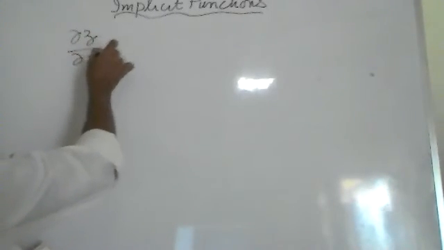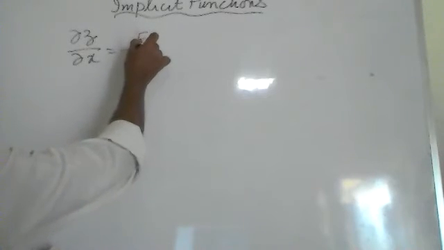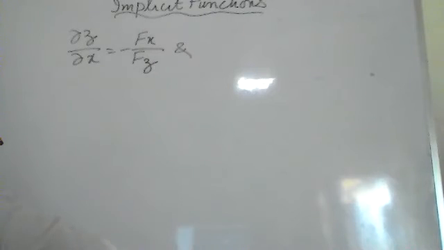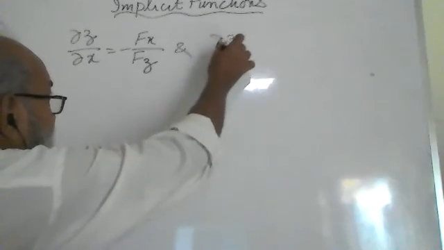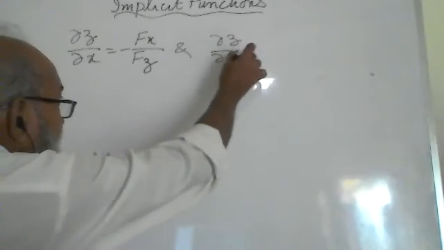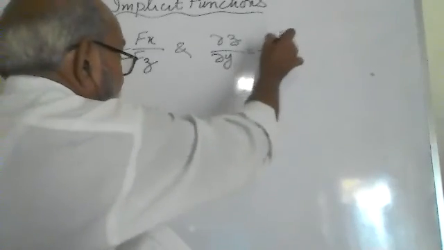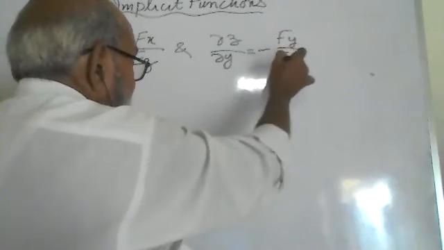Partial z upon partial x is equal to minus f of x upon f of z. And partial z upon partial y is equal to minus f of y upon f of z.